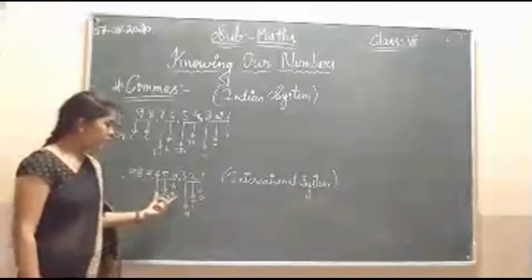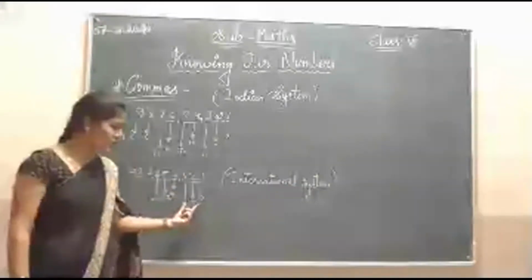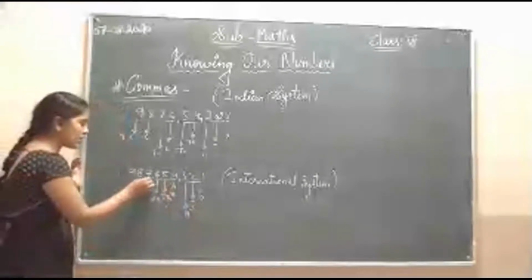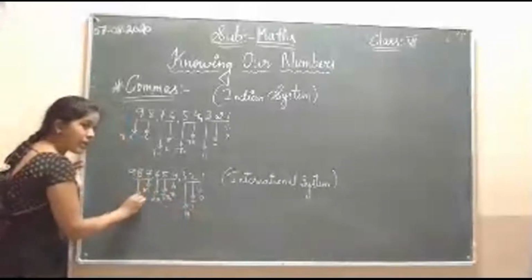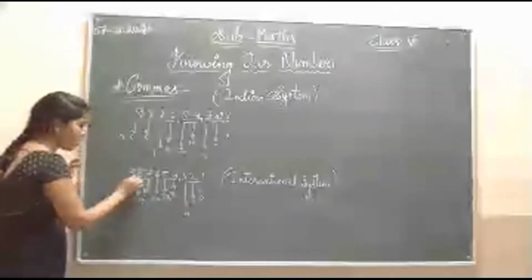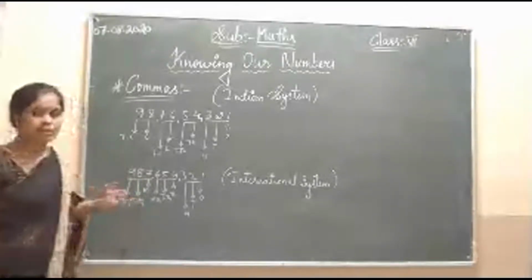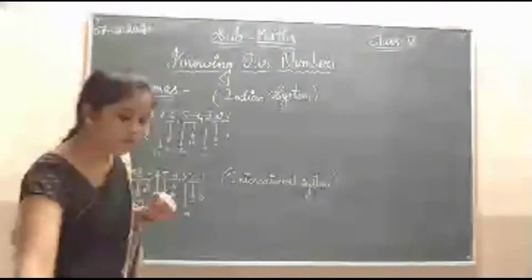Because of this, they group like this: 1, 2, 3. These 3 numbers in one group, another 3 numbers in the second group, and this one: million, 10 million, and 100 million. Okay. Hope you understood this one.